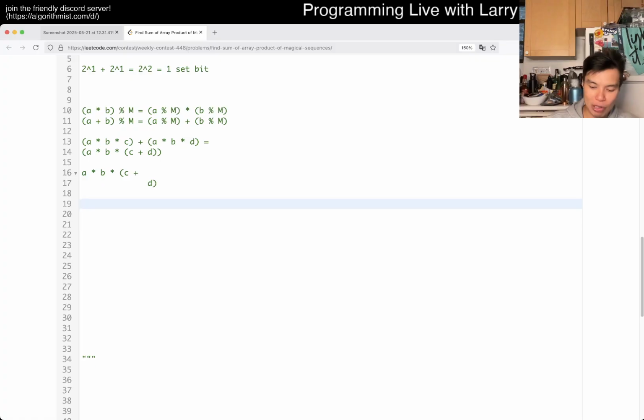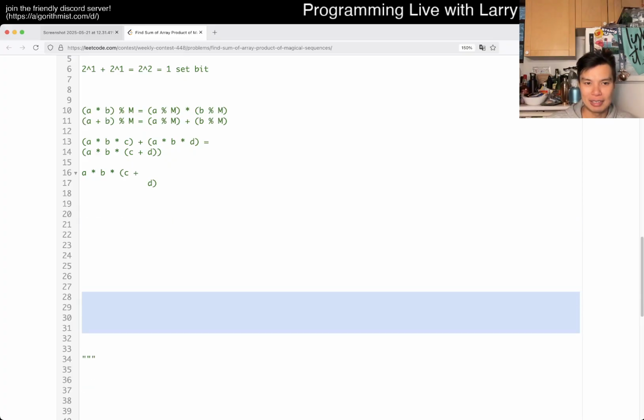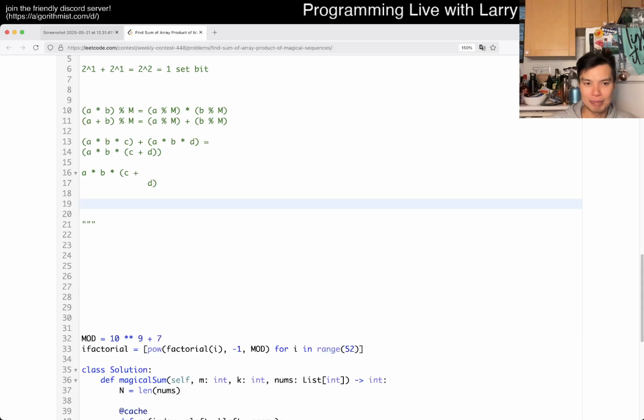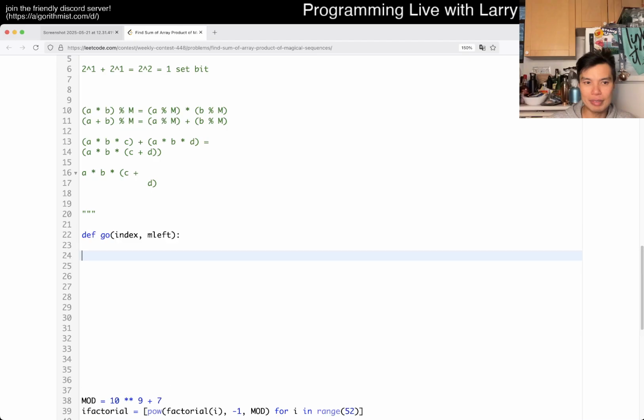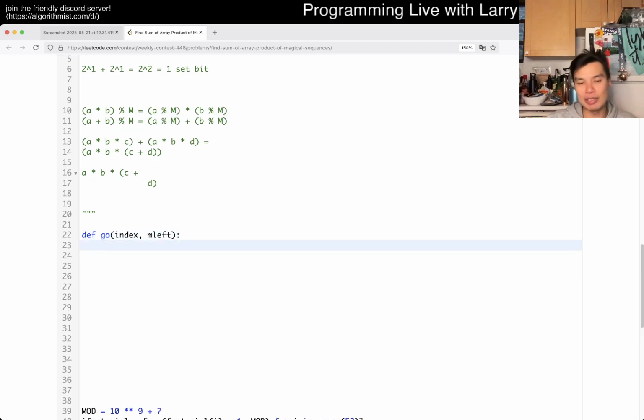So I wrote some code, and I don't remember it because it was earlier. But here I just wrote, okay, index and m left, right? So the idea here with this memoization is that, maybe I'll write it outside so you get the syntax highlighting. And if I write something like this, what would that look like? Well, if index is equal to n, then we're done.